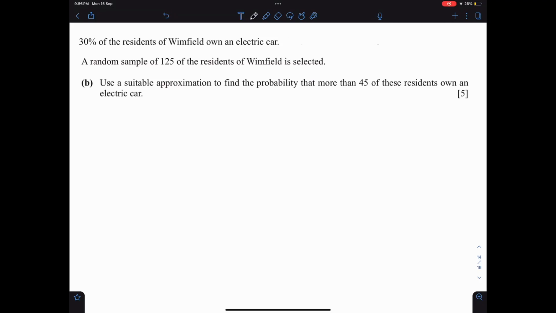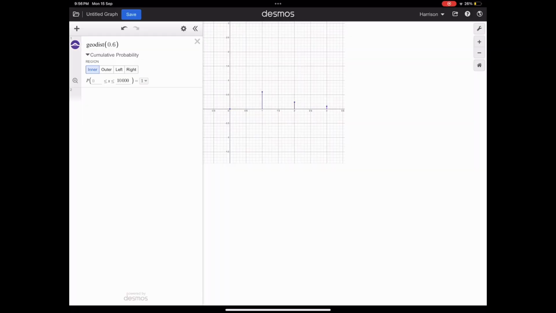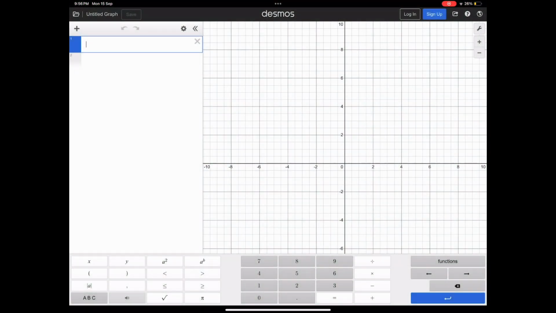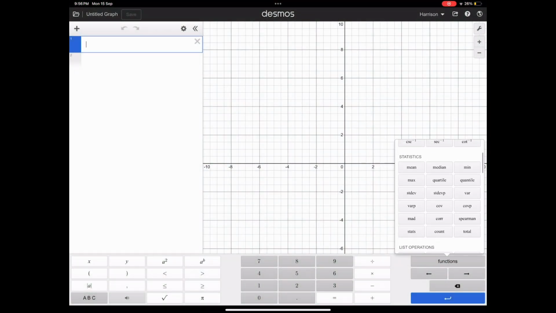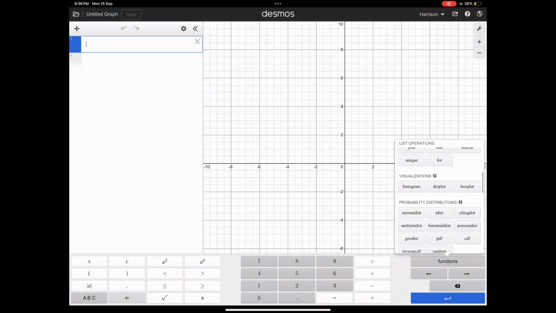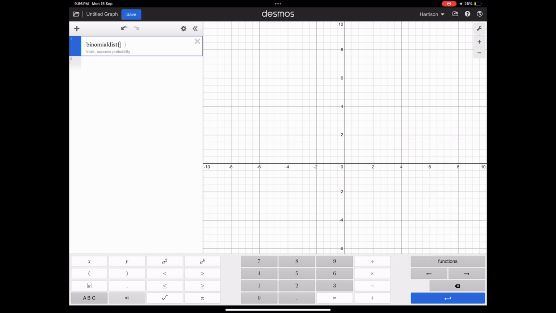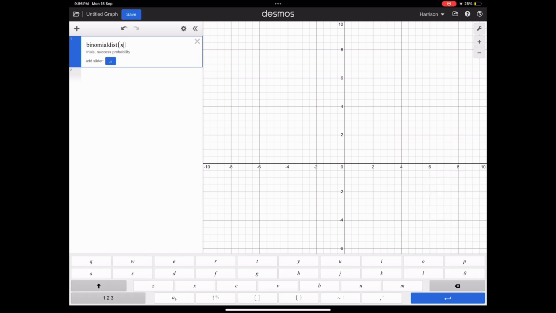So now we'll move on to something called the normal approximation to binomial. And I'll start by going on to Desmos, and having a look at a binomial distribution, and I'll give it n and p.